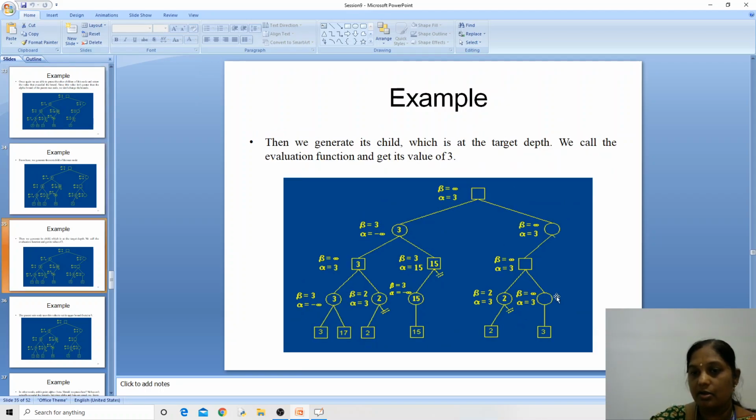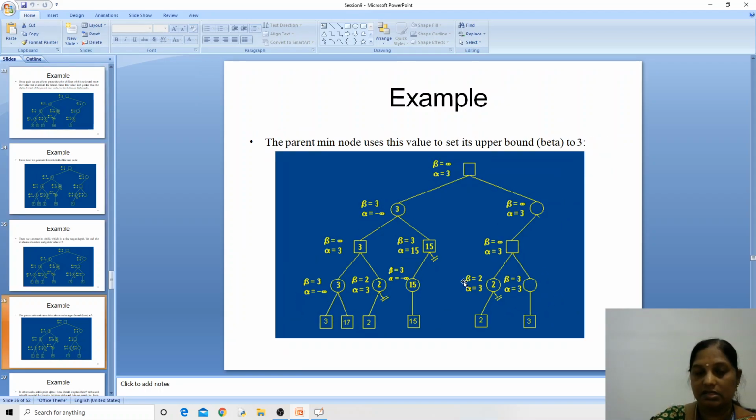In the same manner you are applying the procedure here for the rest of the slides. So what will happen here is you are applying the pruning, and then you are stopping exploring unnecessary searches. Whenever you stop exploring unnecessary searches, that means you are reducing the time complexity, because that is the one and only thing that decides the performance of the algorithm.